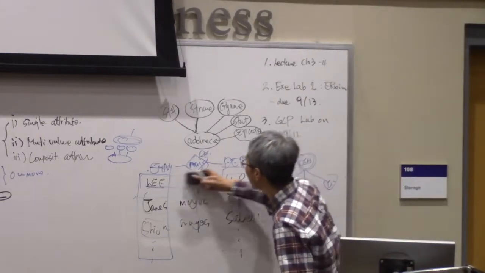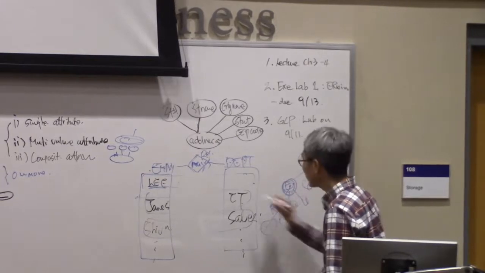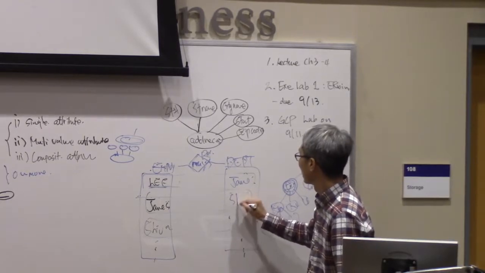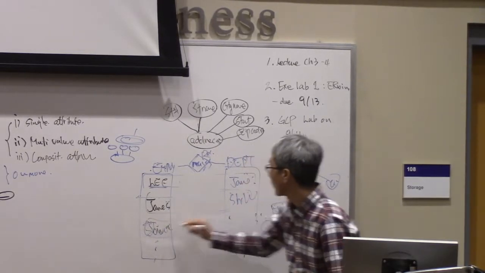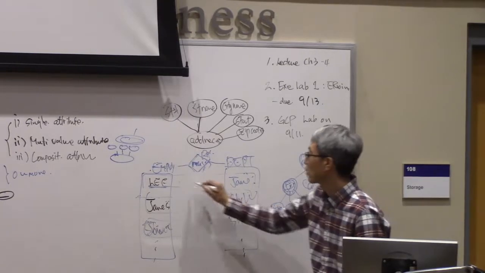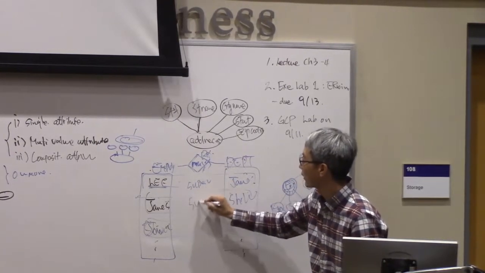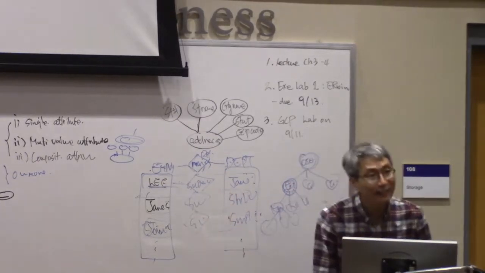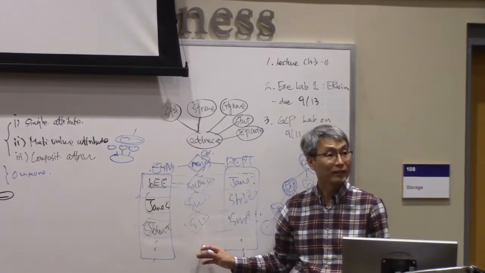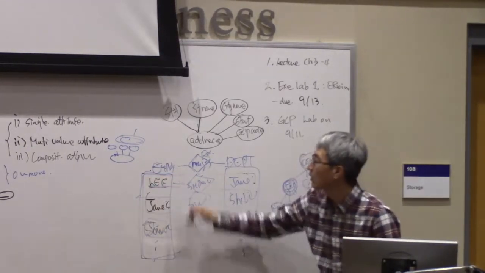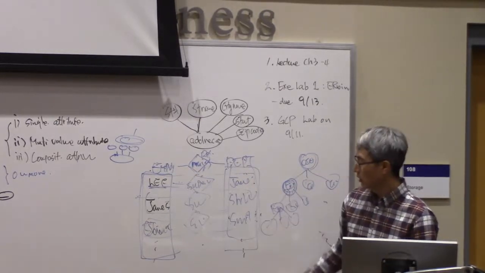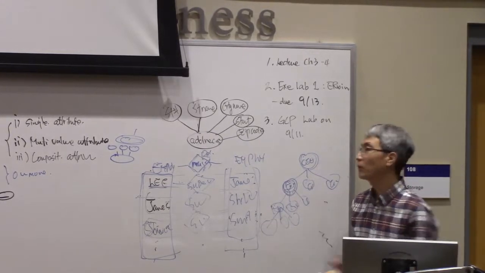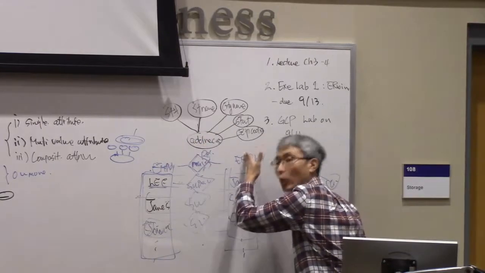So for example, Lee supervised James. And James supervised Shiva. James supervised Smith. Like that. So supervise, supervise. So we can create the supervising relationship here. But this one is what? Employee. This one is what? Employee also. So we can find a relationship between employee and employee.